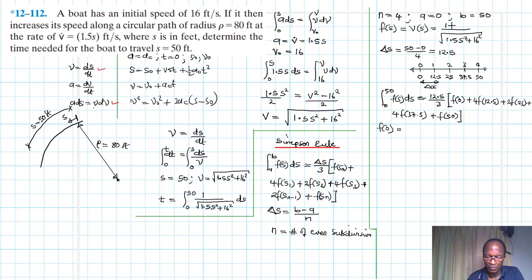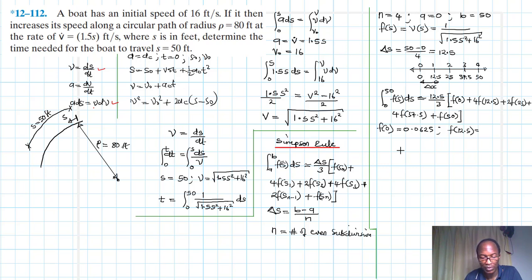This one gives us 0.0625. Then we have f of 12.5 with a 4 there. I'll need to multiply it in advance, or even without that I'll come and work them out.